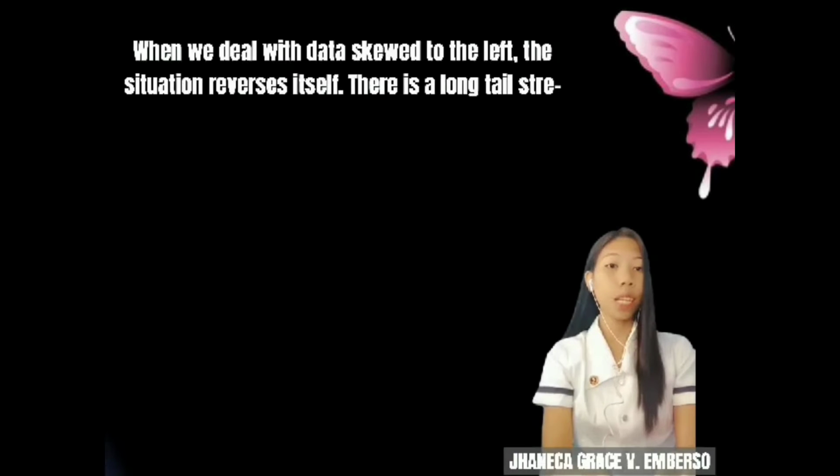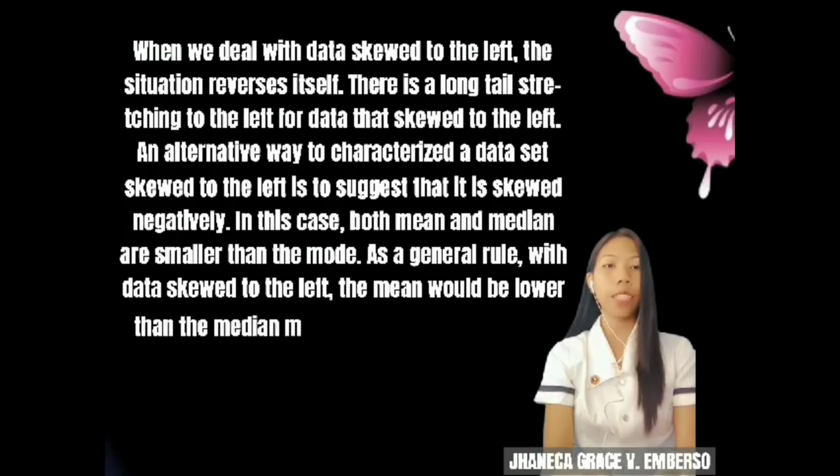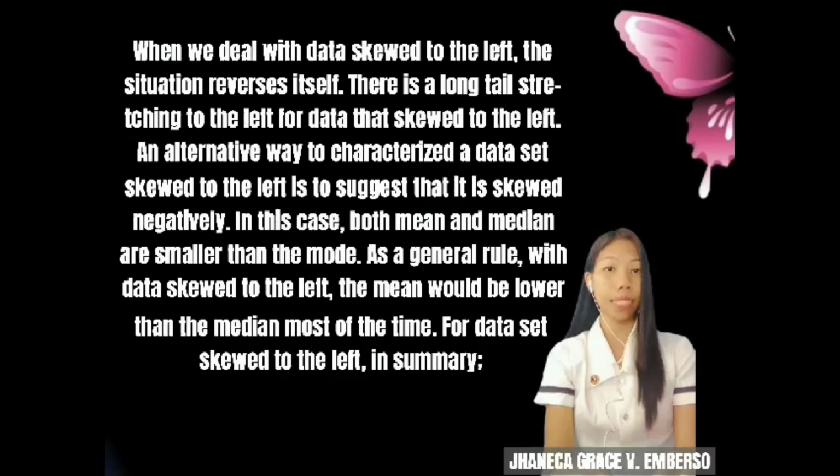And when we deal with data skewed to the left, the situation reverses itself. There is a long tail stretching to the left for data that is skewed to the left. An alternative way to characterize a data set skewed to the left is to suggest that it is skewed negatively. In this case, both mean and median are smaller than the mode.